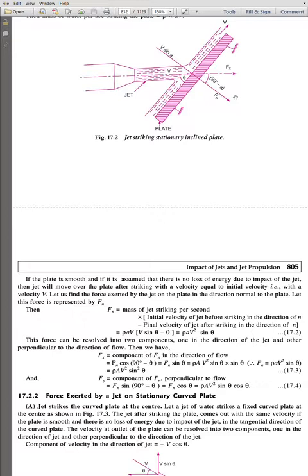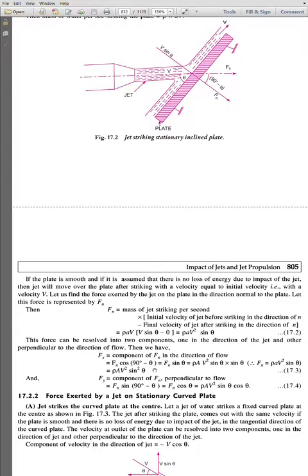So f of n sin 90 minus theta, and sin 90 minus theta is nothing but cos theta, so it becomes f of n cos theta. If you substitute the f of n value, rho a v square sin theta into cos theta, the force in the y direction will become rho a v square sin theta cos theta for the inclined plate.